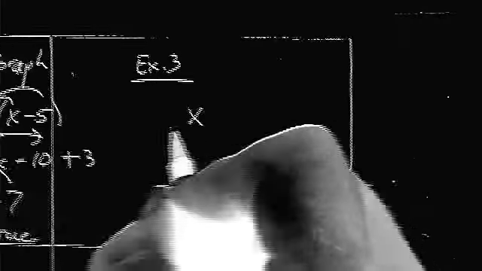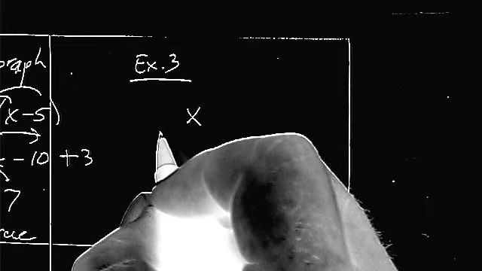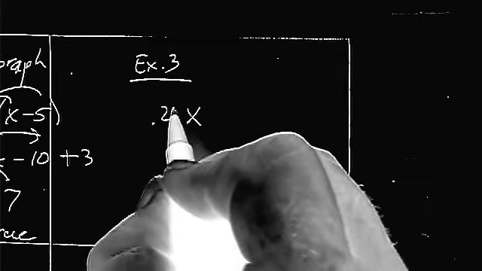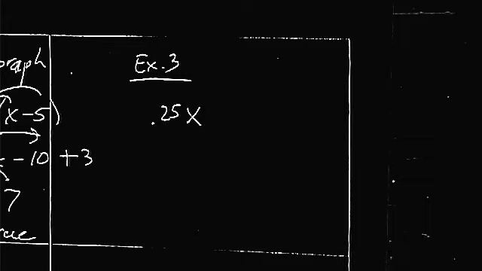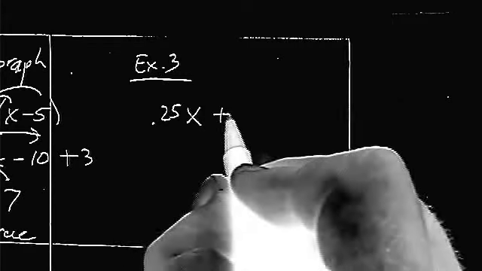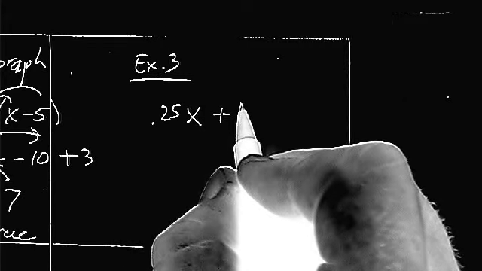Okay? Example 3 says the band agrees to play for $200 plus 25% of the ticket sales. I don't know what the ticket sales are, but the band is going to get 25% of that. They are also going to get $200.